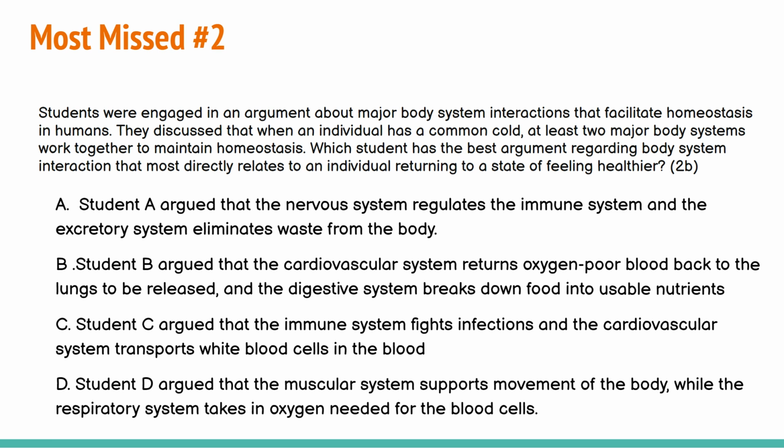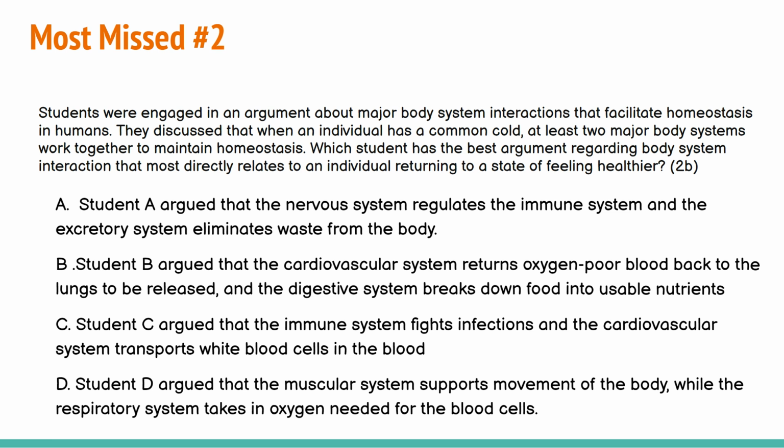Student C argued that the immune system fights infections and the cardiovascular system transports white blood cells in the blood. So common cold is an infection. It's a kind of a viral infection, so there is immunity involved. So definitely student C seems to have the right answer here. The immune system fights infections and the cardiovascular system transports white blood cells in the blood.